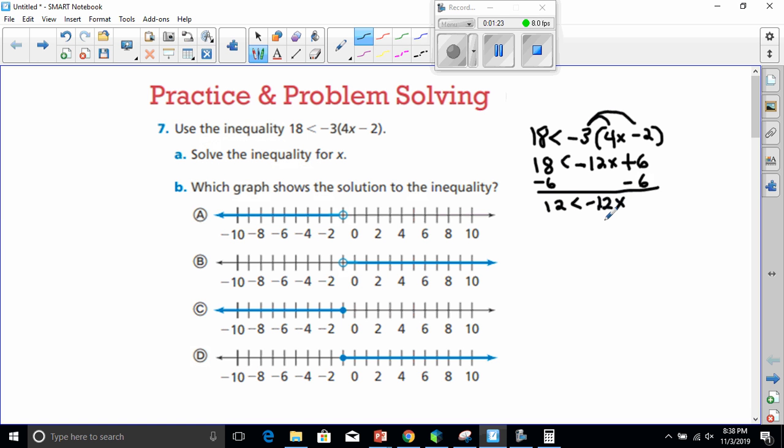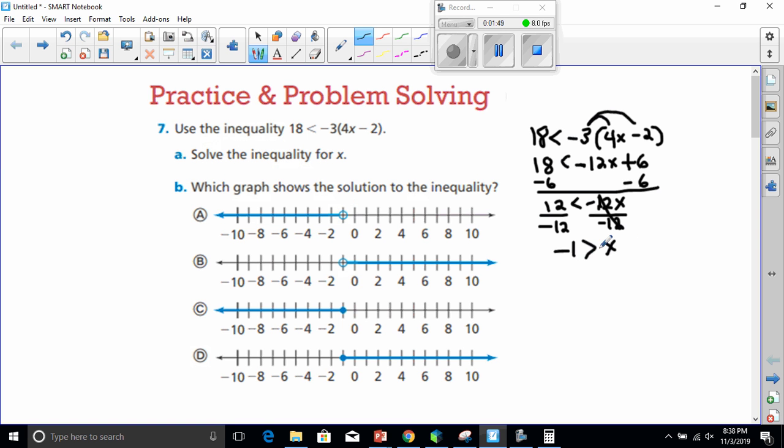To get rid of negative 12, I'll divide it by negative 12, and that will leave me x by itself. Whatever I divide from one side, though, I have to divide from the other side. And 12 divided by negative 12 is negative 1. Since I divided by a negative number, my inequality symbol does have to turn around. So x is less than negative 1.